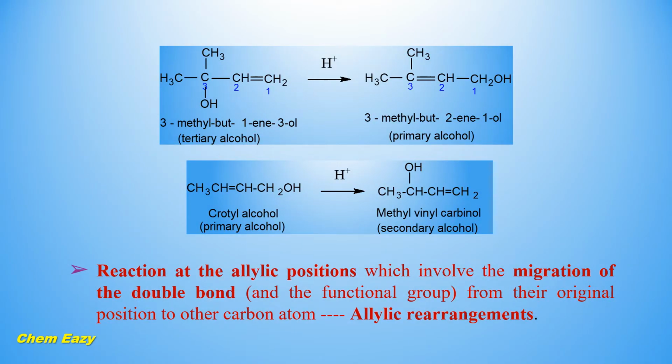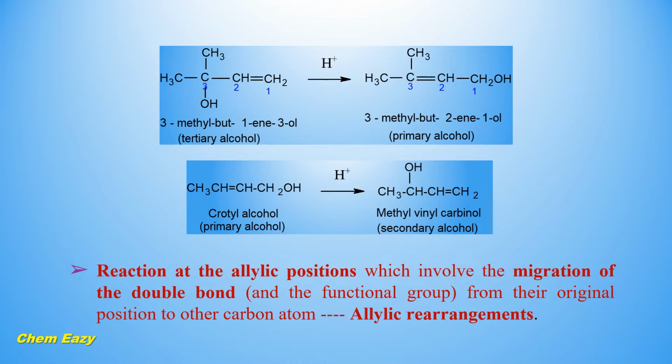Here you can understand allylic rearrangements with these two specific examples. When 3-methyl-3-buten-... 3-methyl butene 3-ol undergoes allylic rearrangement, it produces 3-methyl butene 1-ol. In this, the initial compound is a tertiary alcohol, which has the alcoholic hydroxyl group at carbon 3 and the olefinic bond between carbon 1 and 2.